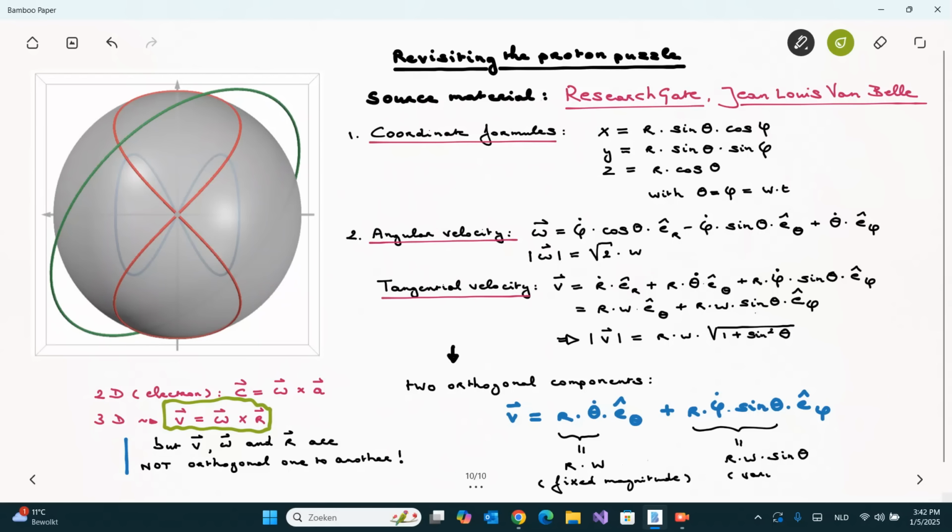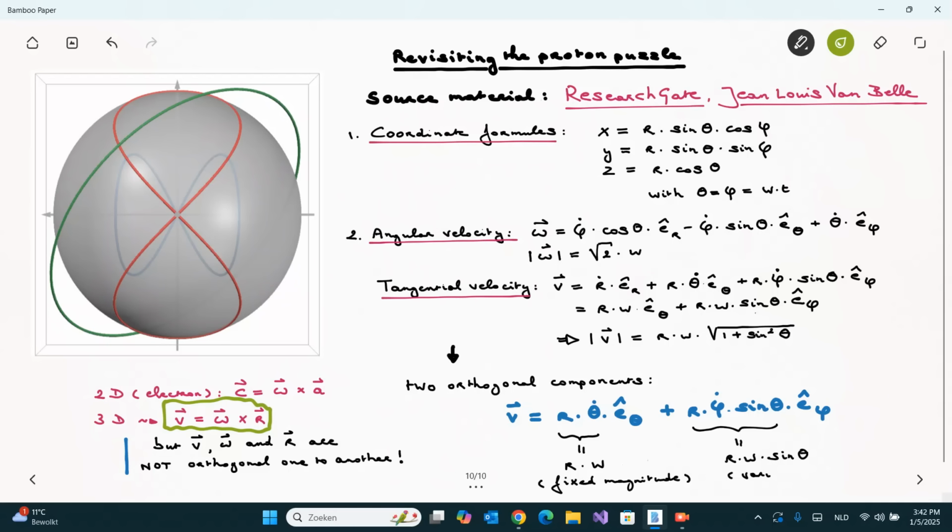But I said I chatted with ChatGPT a lot, and it shows that in this interplay between the polar and azimuthal components of the angular velocity vector, that play comes when you go from 2D to 3 dimensions.